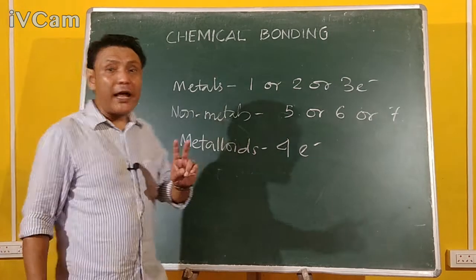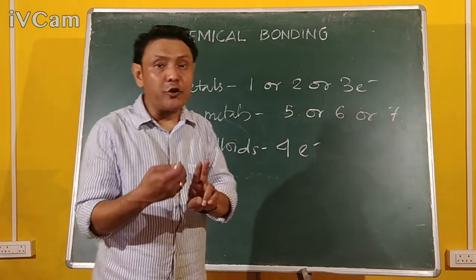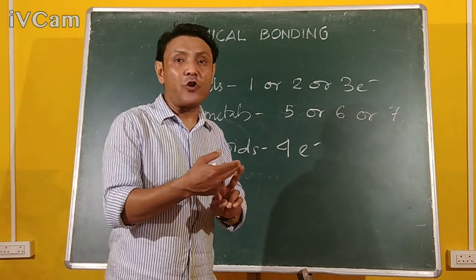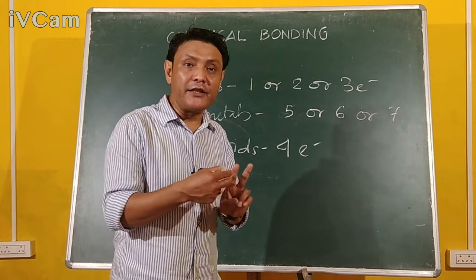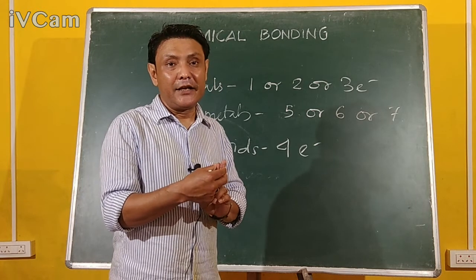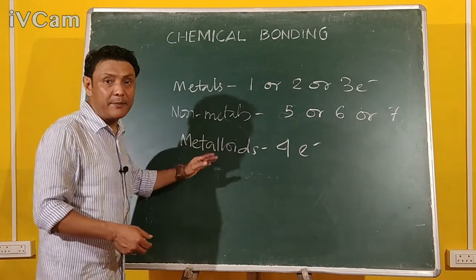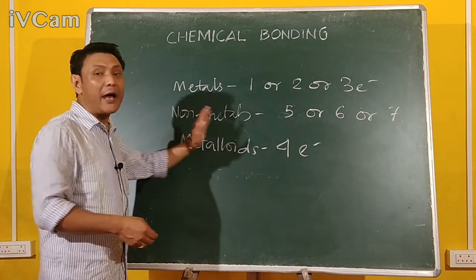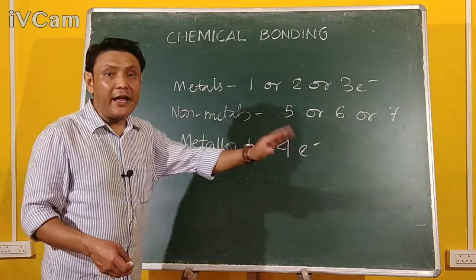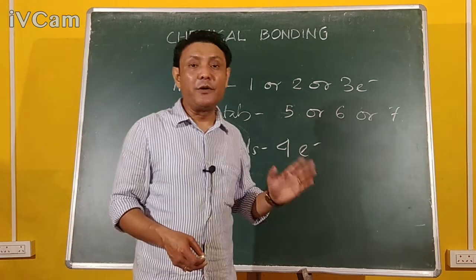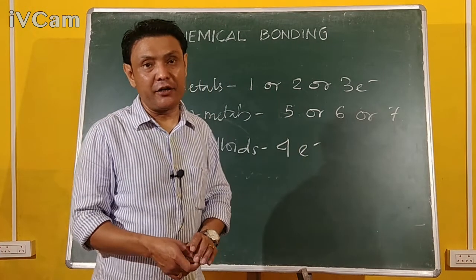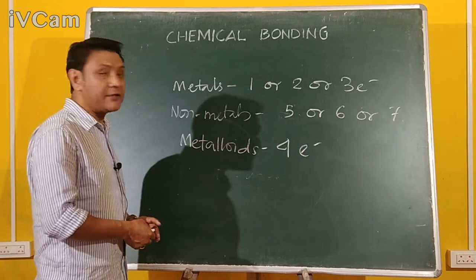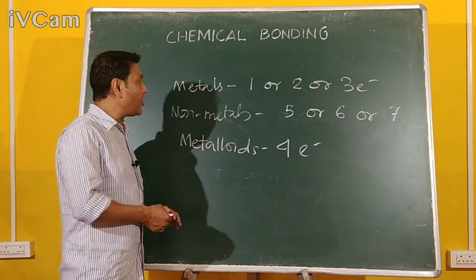Hydrogen will try to have the electronic configuration of helium, its nearest noble gas. The rest of the elements, whether a metal, non-metal or metalloid, will try to have 8 electrons in the outermost shell, the electronic configuration of its nearest noble gas.